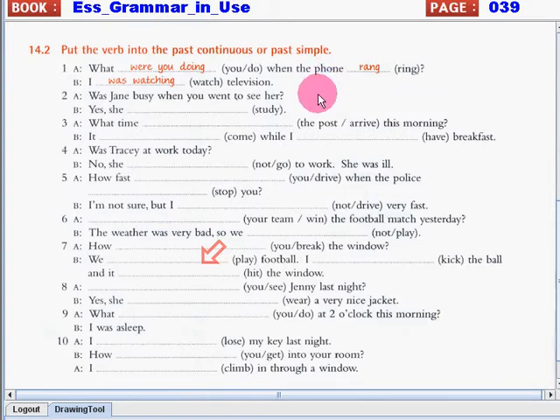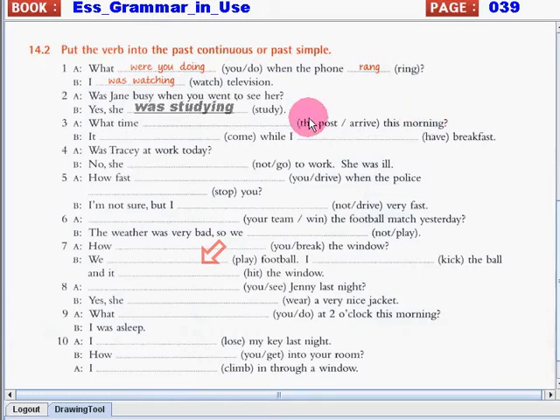Let's read it first. Was Jane busy when you went to see her? Yes, she blank. Our verb is study. So students, what do you think is the right tense for this verb?